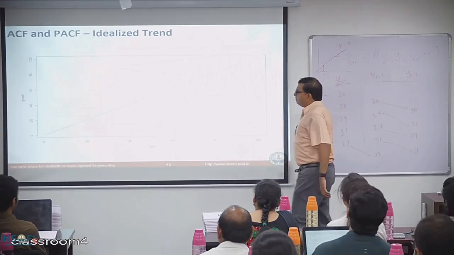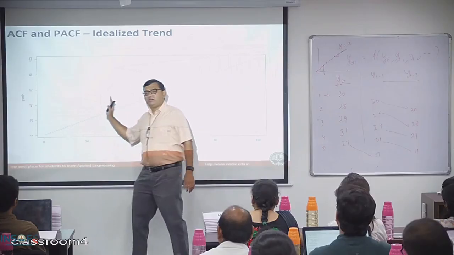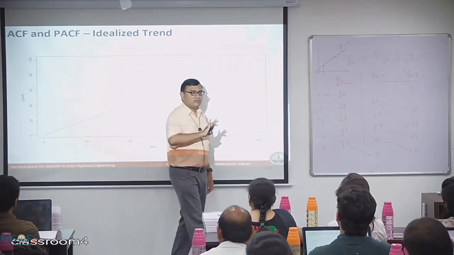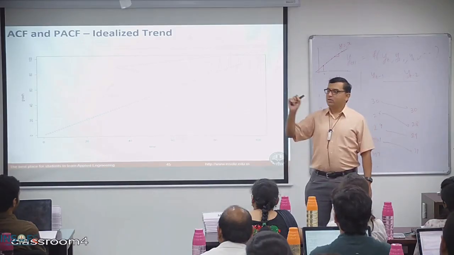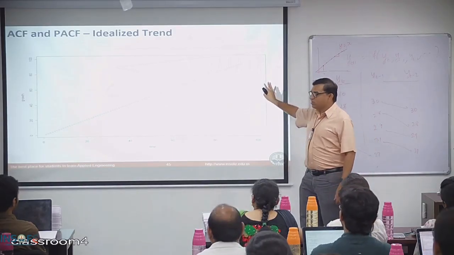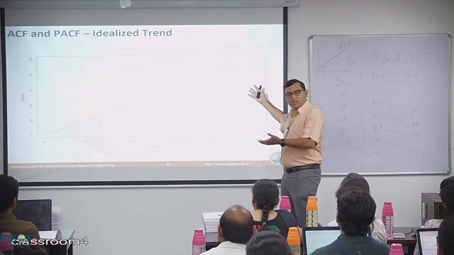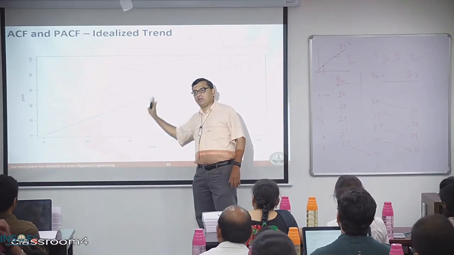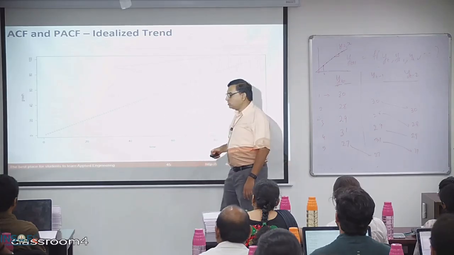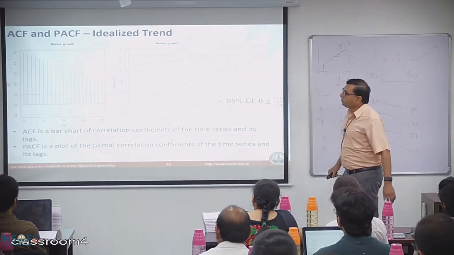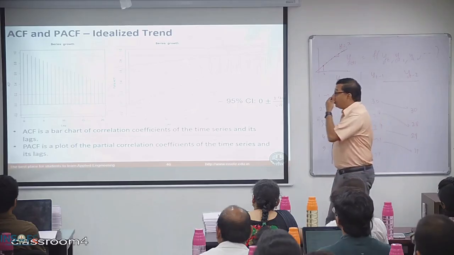But let's go ahead and now look at the ACF and PACF charts for some very simple series. I'm going to start with an idealized trend series, nothing but a perfect straight line. How does the ACF and PACF chart look for this perfect straight line? This is the way it looks.